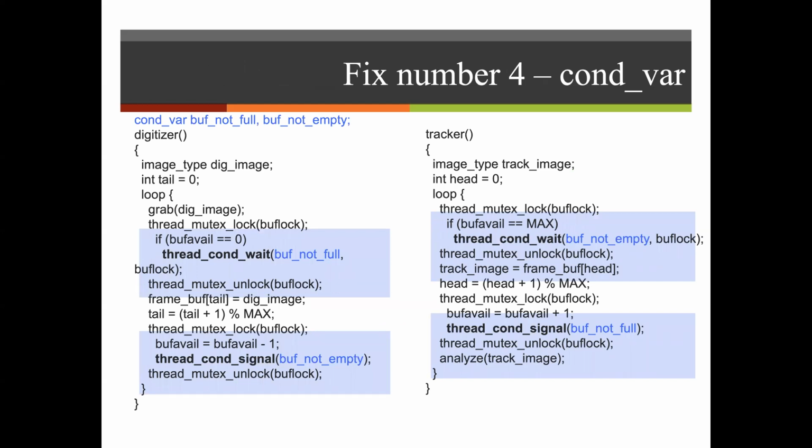And so in this case, let's analyze the invariants that are involved once we've inserted our condition variables in. So with our digitizer, we have our condition variable of buff not full that is utilized during our thread condition wait.